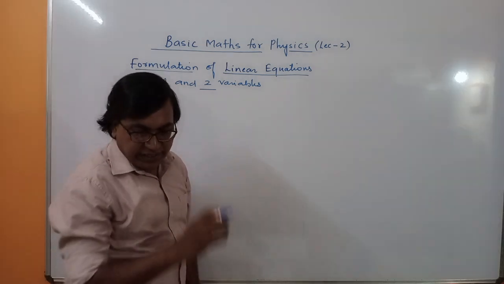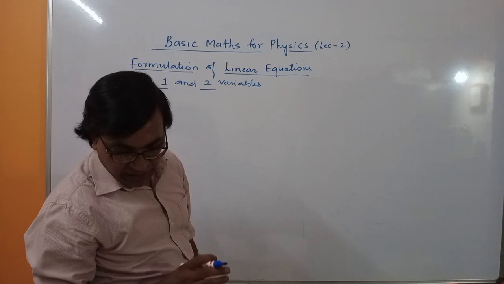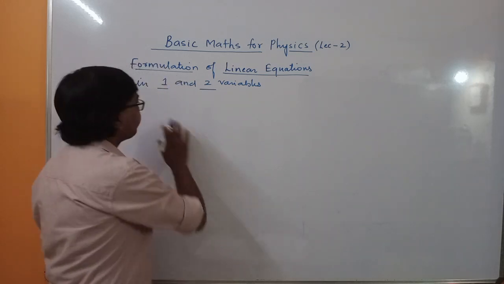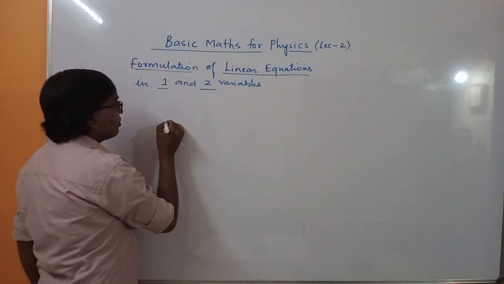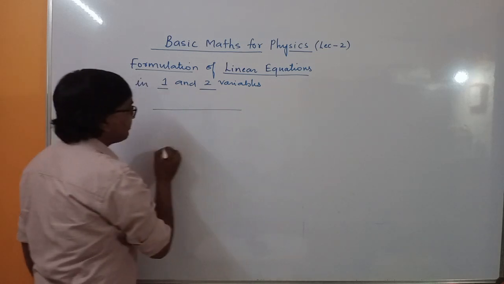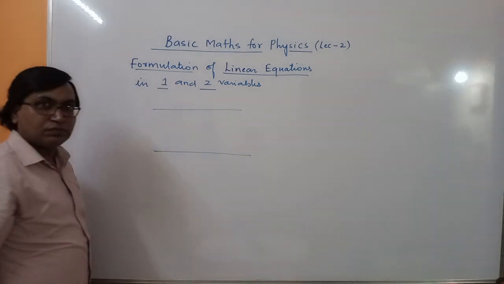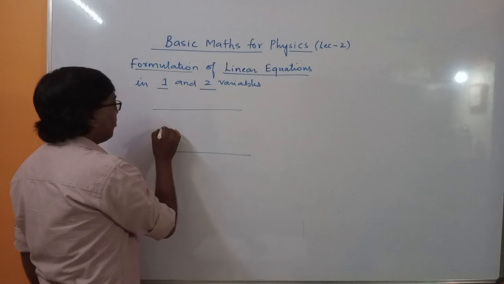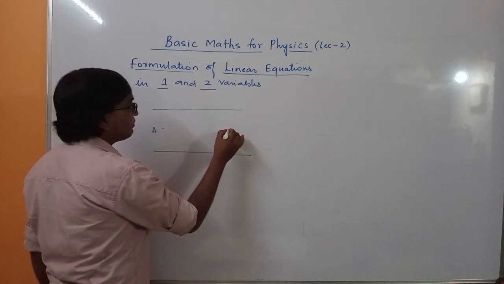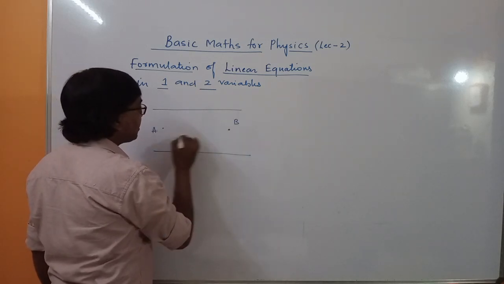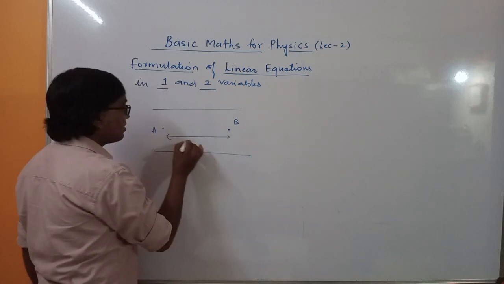Okay, so 8 kilometers, 40 minutes and 1 hour. So let us say this is a river and the boat goes from A to B. So this distance is 8 kilometers.